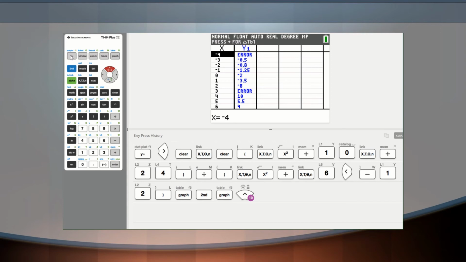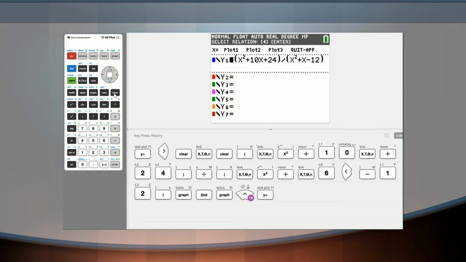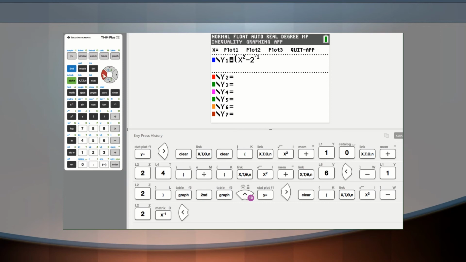All right, let's graph this second function right quick. I'm going to go over here. I'm clearing out what I had in the y equals. And boom, it's gone. I've got to put them in parentheses, numerator and denominator, each in their own parentheses. Okay, x squared minus 2x minus 3.